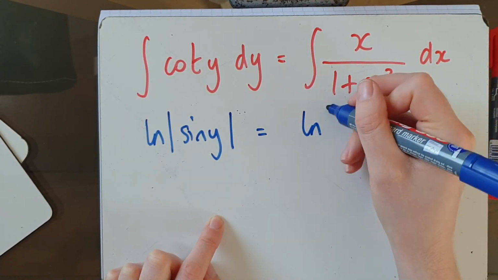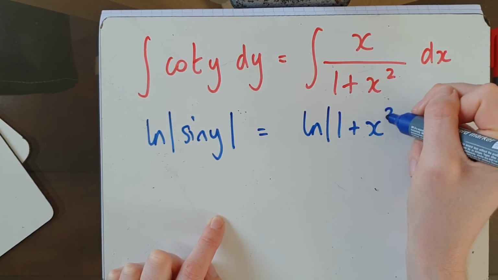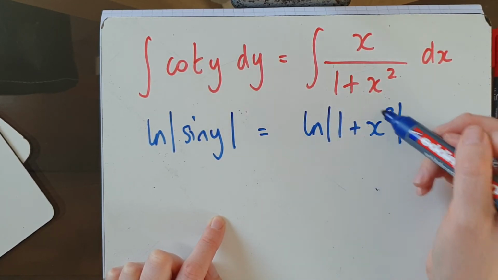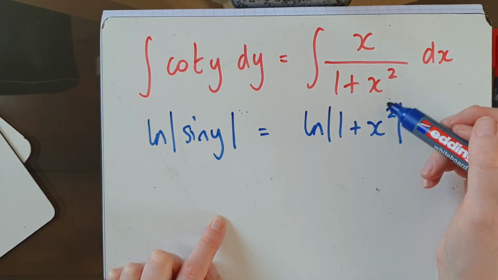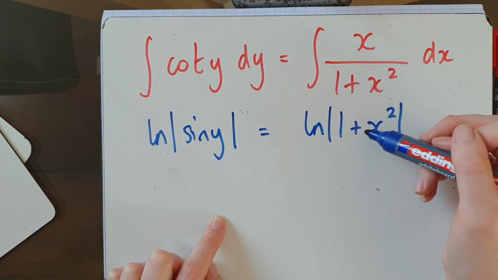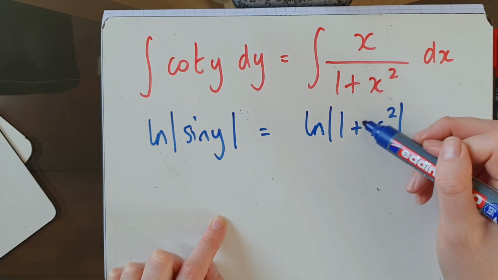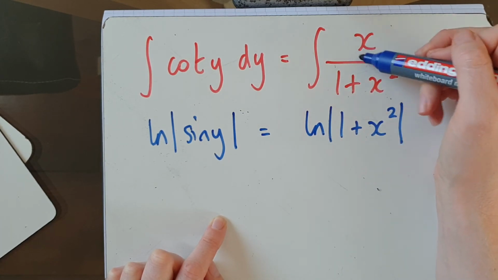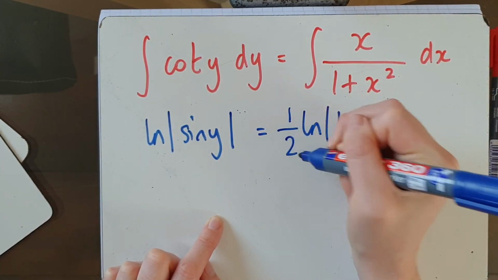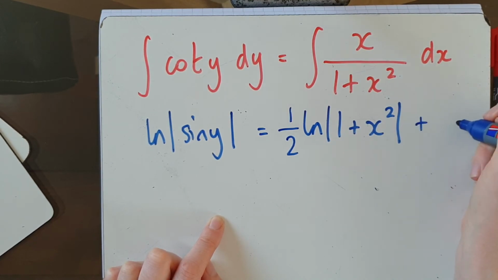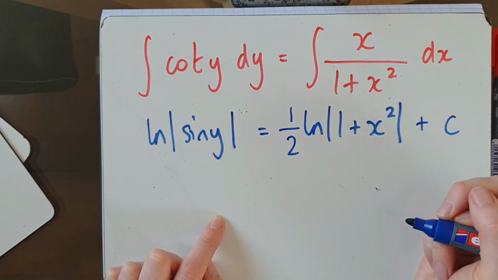It's going to be log of 1 plus x squared. If I differentiated this, I would get 1 over 1 plus x squared because of the logarithm. And then I'd have to differentiate this, which would give me 2x on the top, but we've only got x, so it must be a half, and then plus some constant.